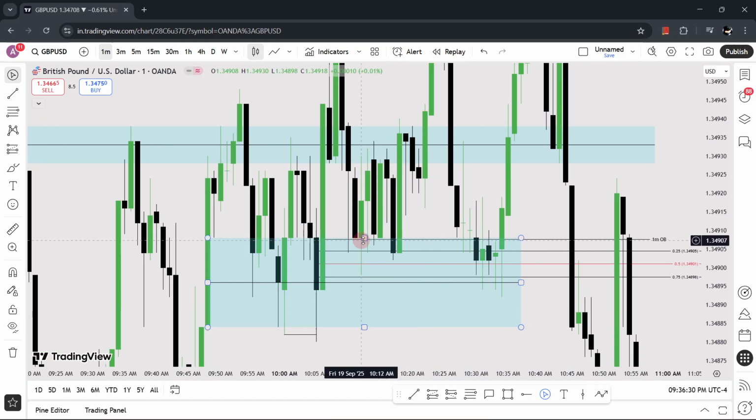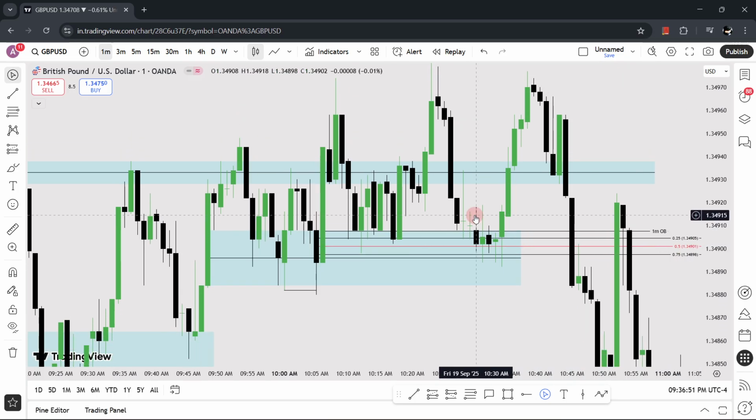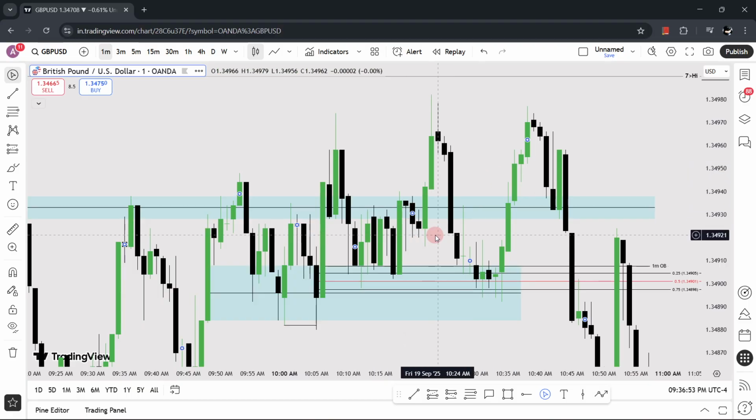Look how beautifully these candles respected this order block. Not even one of them was able to cross below the 50% level of the order block candle.